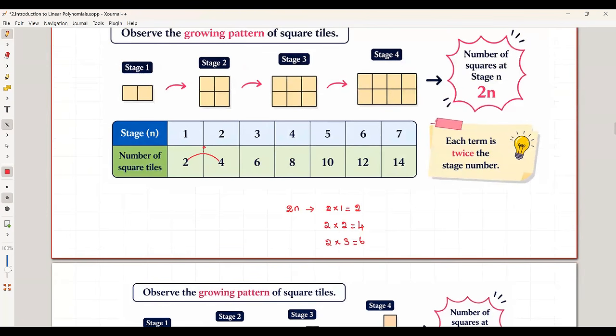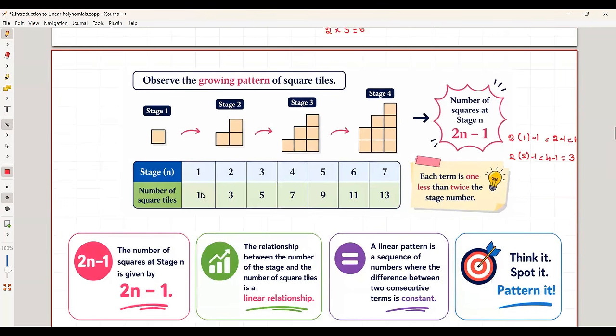So 2 plus 2. Here also it is increasing by plus 2, plus 2, plus 2. Here also each term is increasing by 2 only. Okay, 2, 2, 2, 2, 2. Here, the number of squares at stage n is given by 2n minus 1.